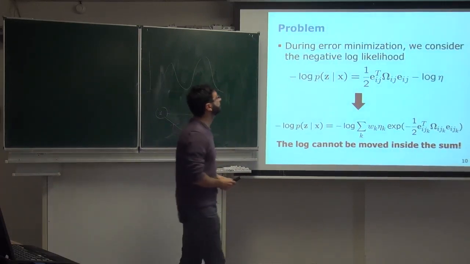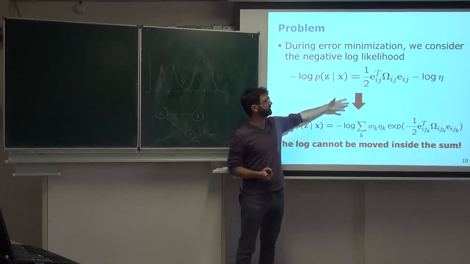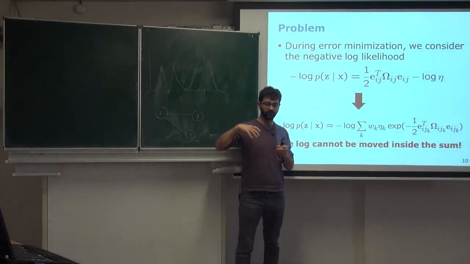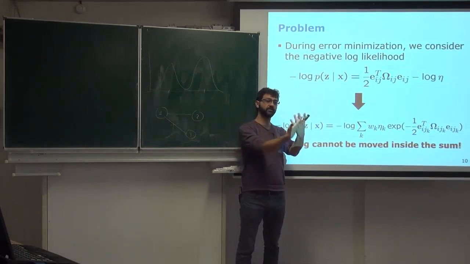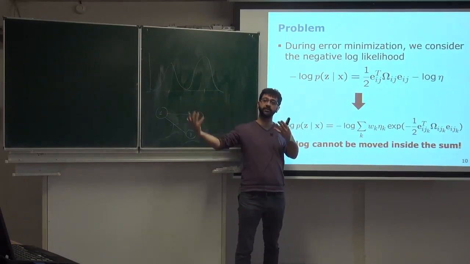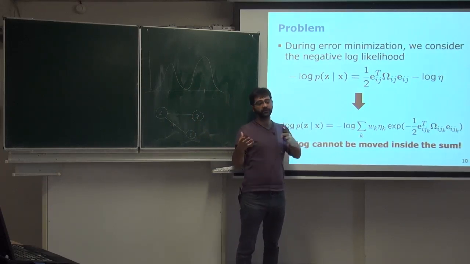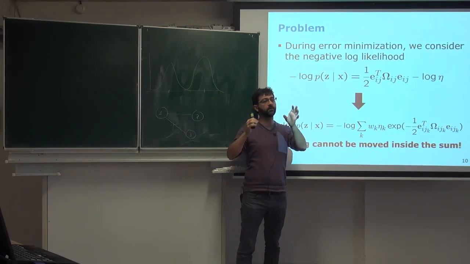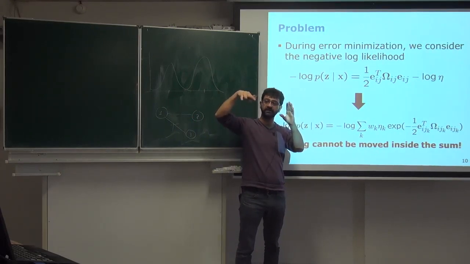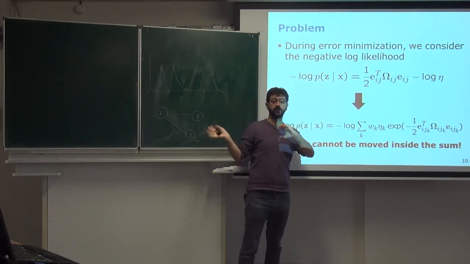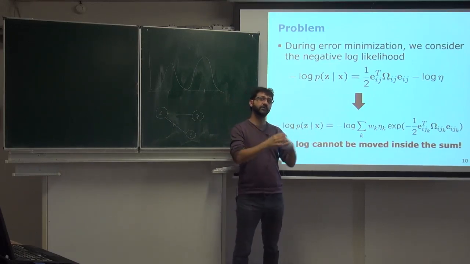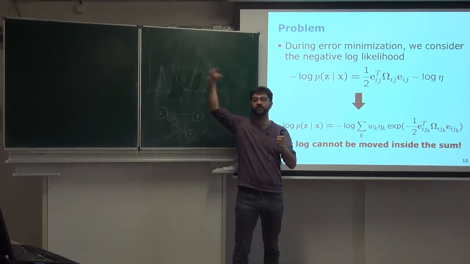Now, whenever we do the error minimization, whatever we do, we transform this maximum likelihood problem into an optimization problem, we often take the negative log likelihood. Okay? We do this because the least squares formulation requires a sum of quadratic terms, and in the likelihood formulation, we have a product of exponentials of quadratic terms. No?